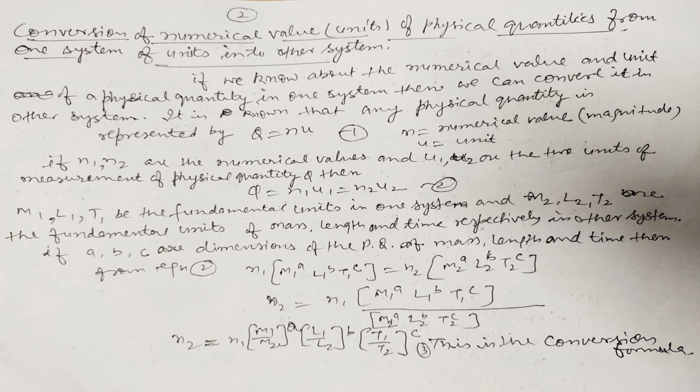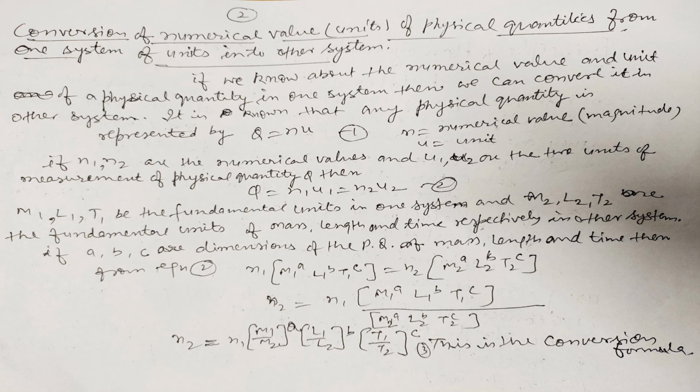We will try to solve the exercises related to the conversion of the numerical values of physical quantities from one system to another in the next class, and the two other usages mentioned earlier: to check the correctness of a given formula or relation, and to derive the relation among various physical quantities.